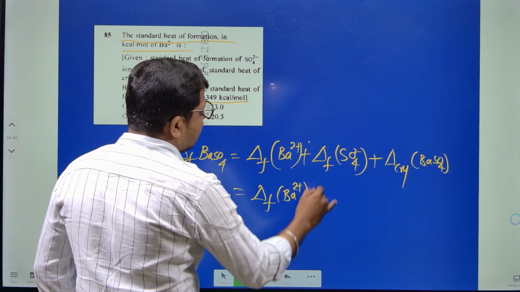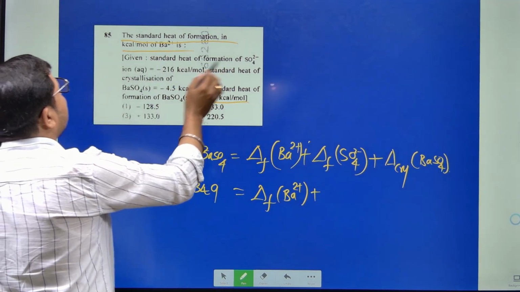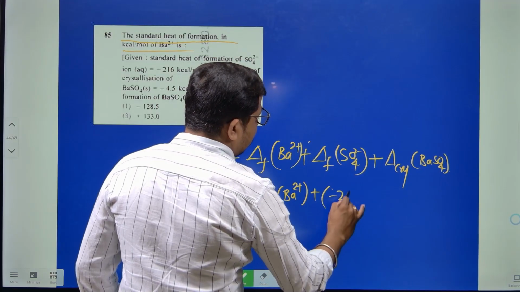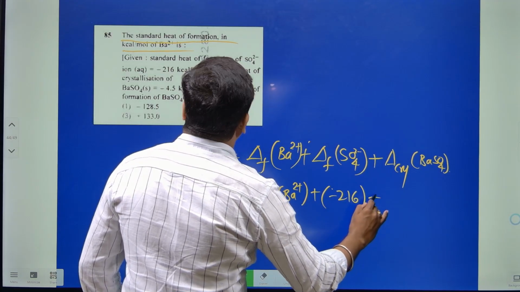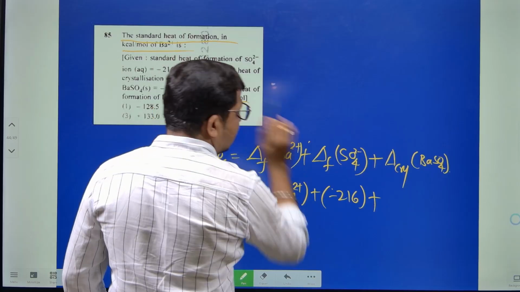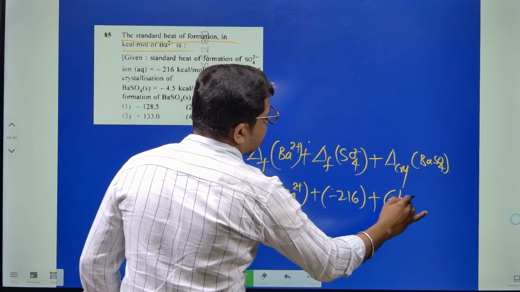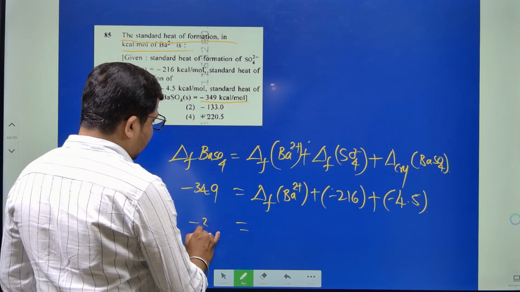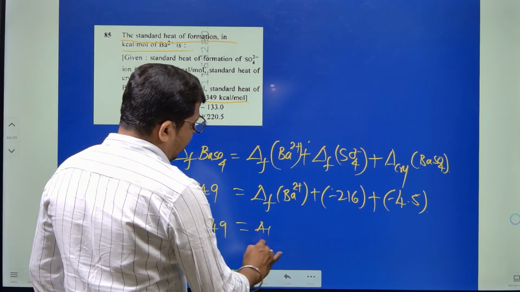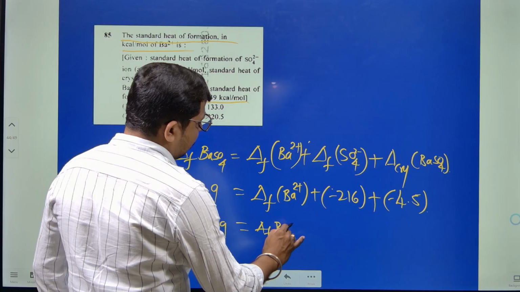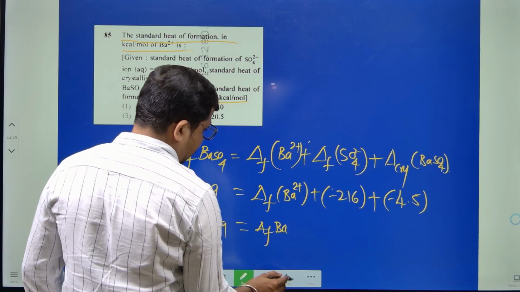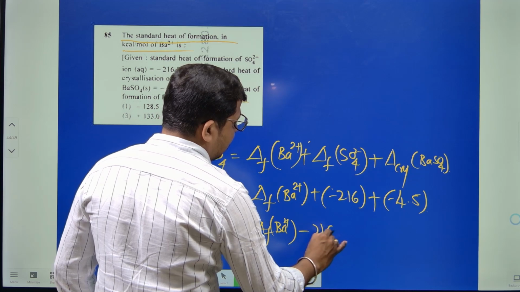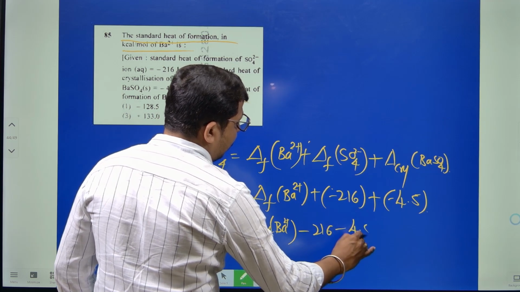The heat of formation of SO4 2- they have given is minus 216, plus the heat of crystallization, minus 4.5. So minus 349 equals ΔF of Ba2+, minus 216, minus 4.5.